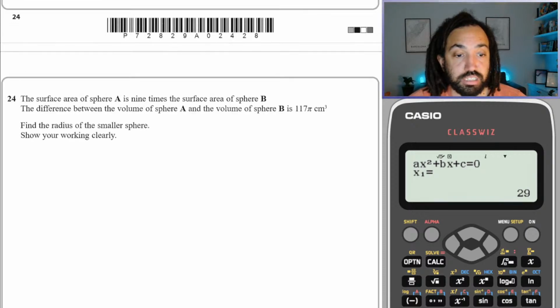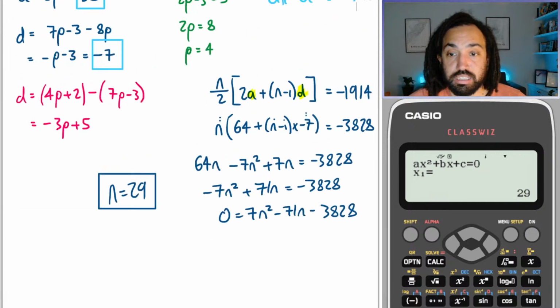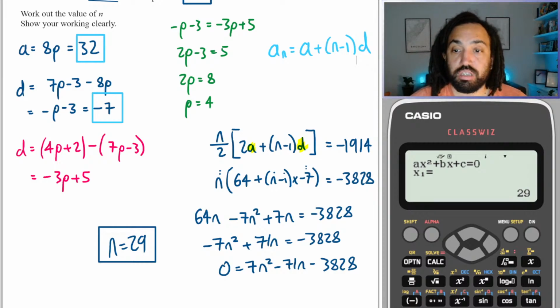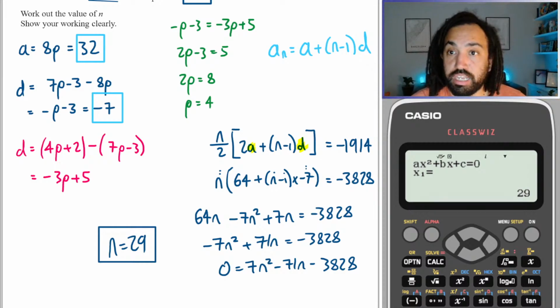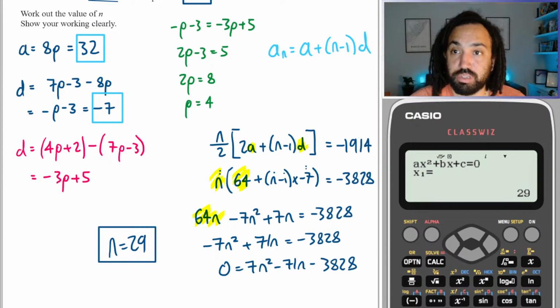How did you get minus 71n? Well, I got 64n from doing n times 64. And then I got 7n because when I multiplied this bit out inside here, I would have got minus 7n plus 7.